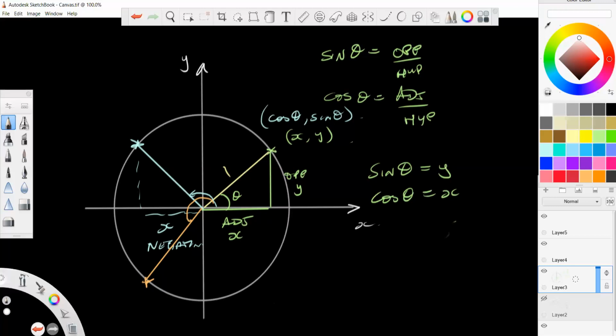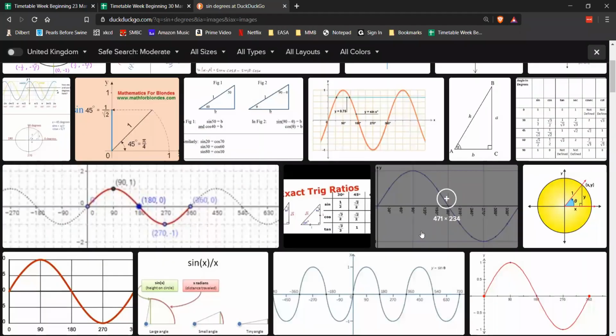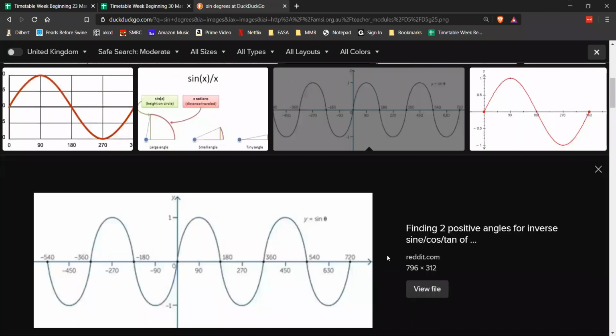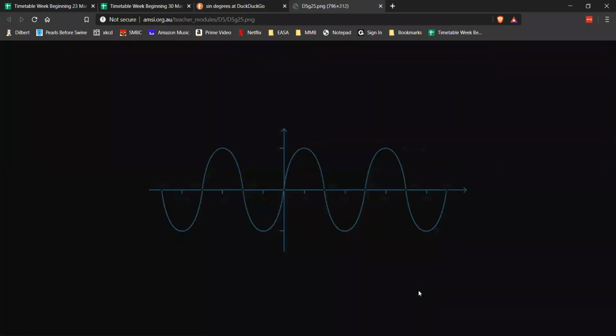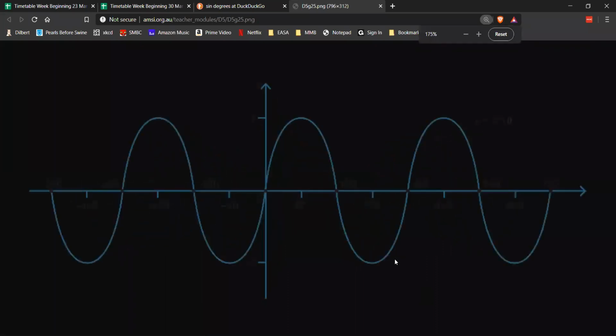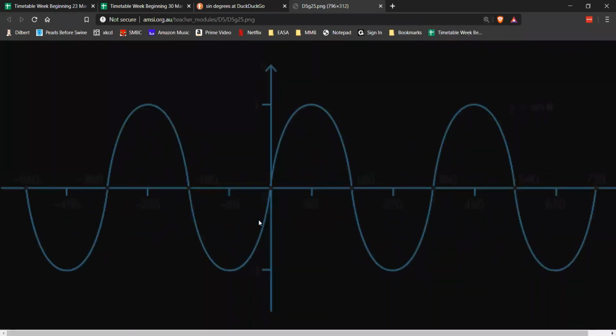So if I just look at, oh, I've got to share this for you. Let's share this. If I look at the value of sine, it's not the greatest graph ever, but here are the values of sine.